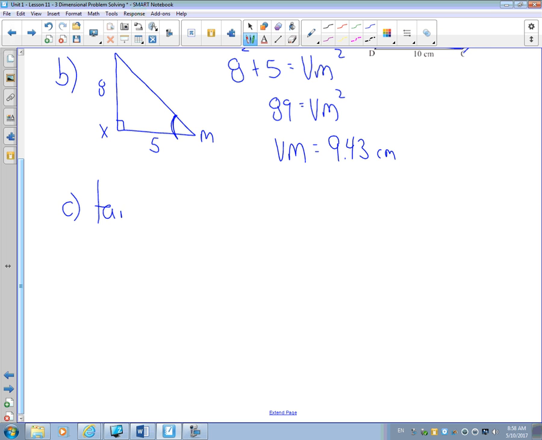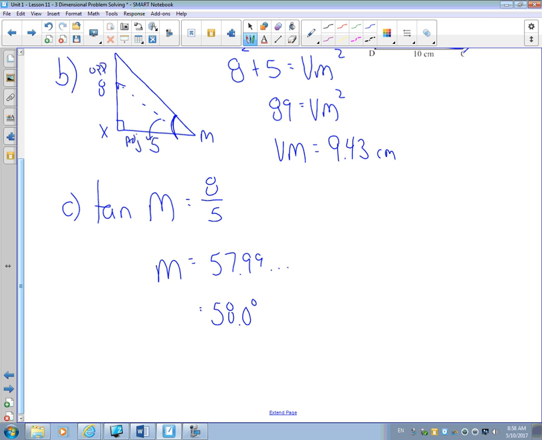The tan of M, because I have the opposite and the adjacent again. Okay, tan is a very handy tool. So we use our inverse tan of 8 over 5. If you do that, you should get 57.99, which is 3 sig figs, 58.0 degrees.